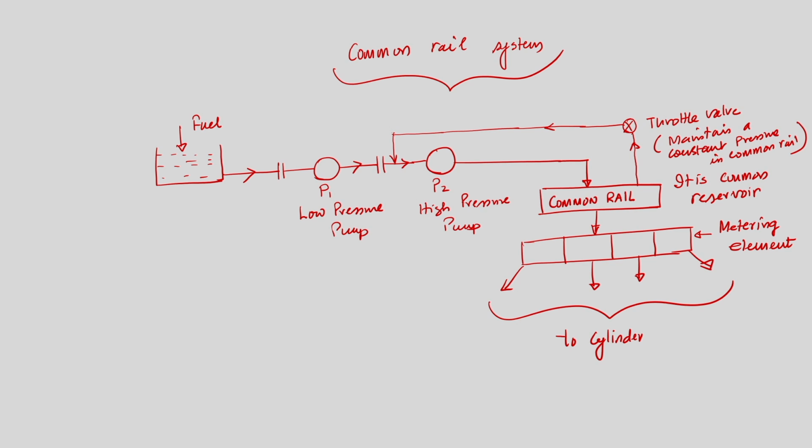But now let us draw the enlarged view of the metering element, to see how we can supply the required quantity of fuel depending upon the engine load and speed, and then we will come to know the mechanism of fuel injection using this common rail injection system. So, if we try to draw the system, we have the cylinder.